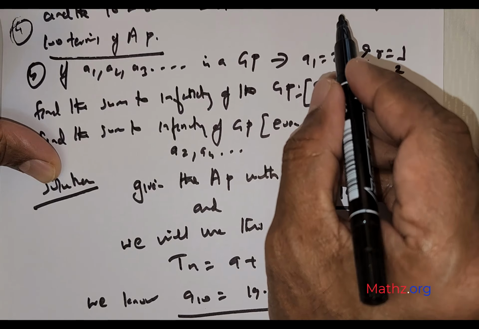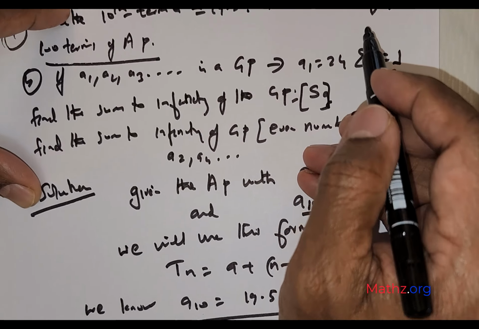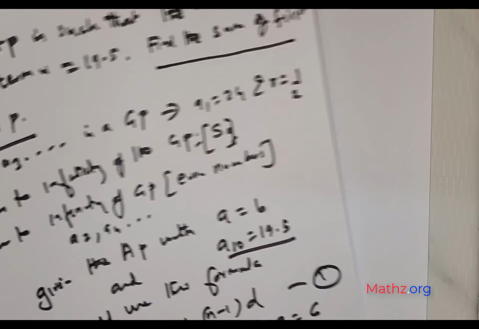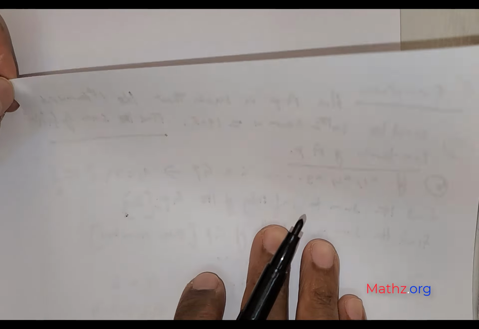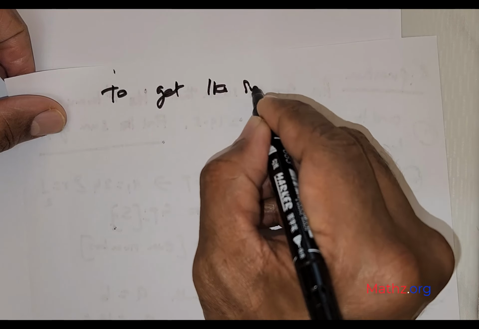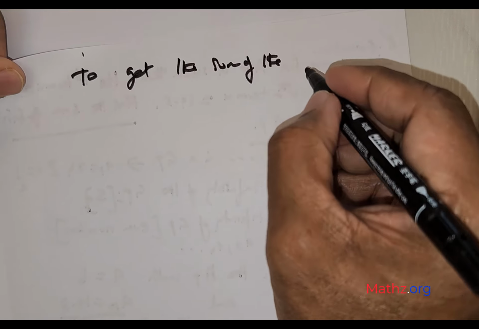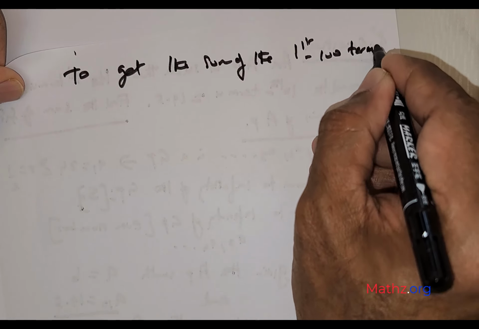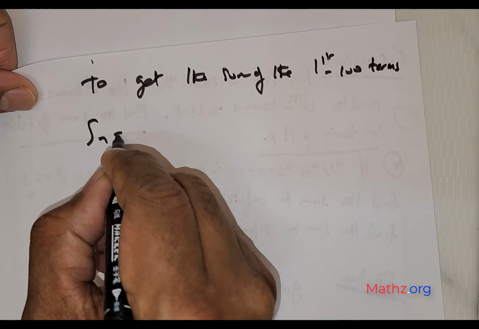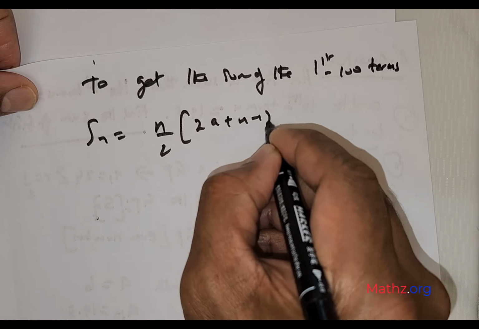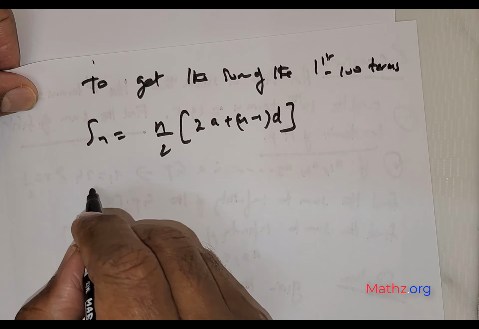As I mentioned to you, we have to find the sum of the first 100 terms. For that there is a formula, so we will use the sum formula. Let me write that down. To get the sum of the first 100 terms, we use Sn is equal to n over 2 of 2a plus n minus 1 into d.